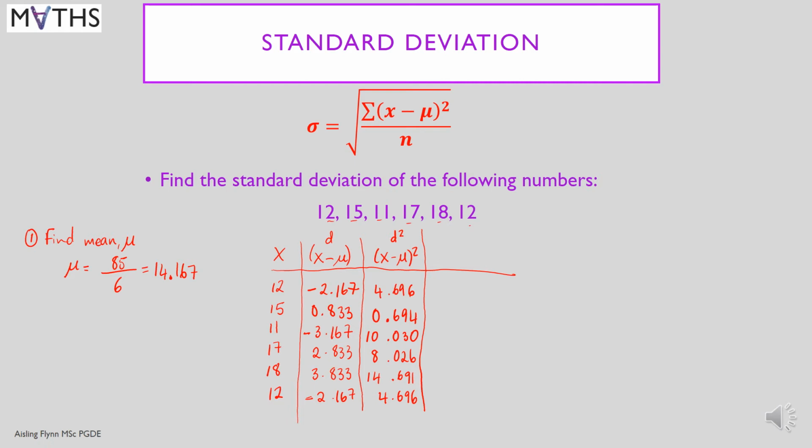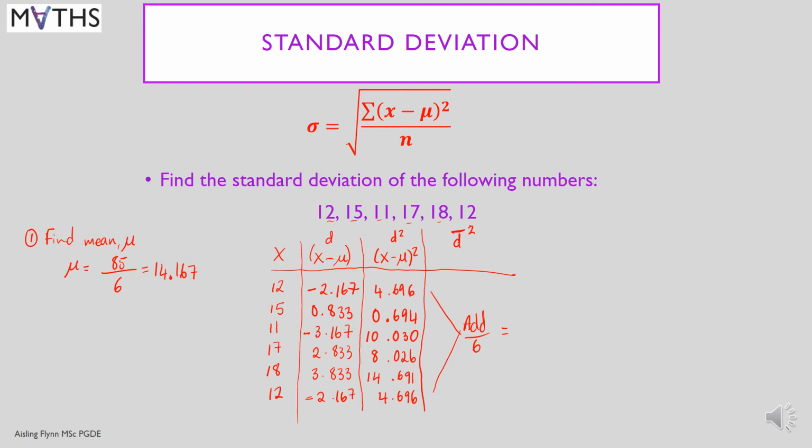So the next step now is to get the average of those d squared. So basically we're getting the mean of d squared. What does that mean? It means we have to add them all up and divide by how many. So I need to add all these values and divide by 6. So let's take a moment to do that on the calculator.